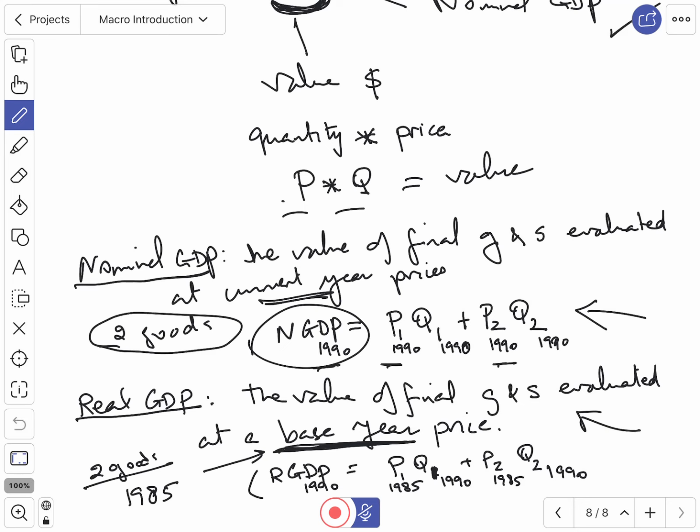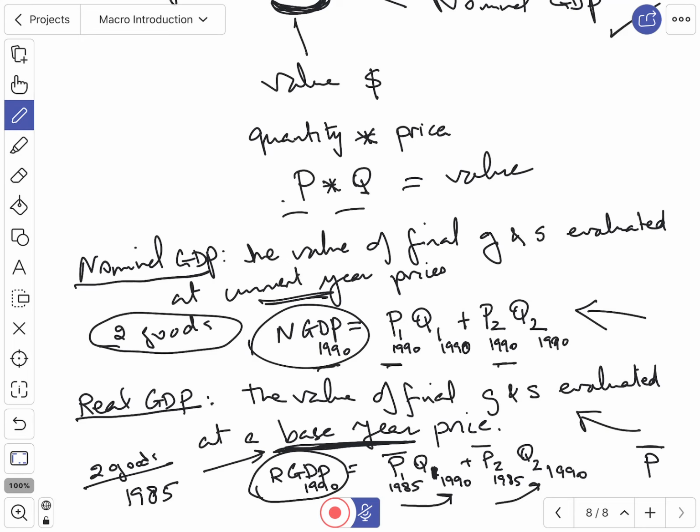But here, if the prices are fixed over the last 5 years, I'm fixing a certain year for all the years from 1985 to 1990, the changes in real GDP are only related to the changes in production because prices are held constant. So whenever you see me having this bar over a certain variable, this means that this variable is held constant.